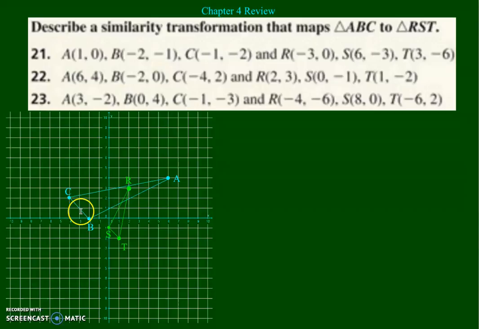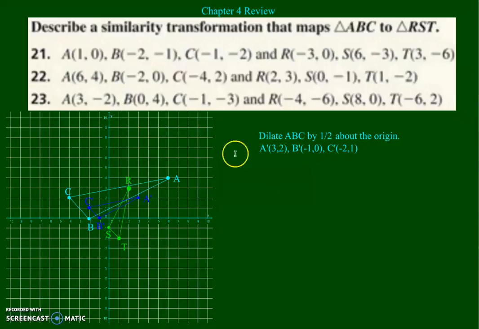So there is a dilation of 1/2, a reduction at work here. And it also looks like there's some sort of a reflection. So the first thing I did is to just do the dilation of 1/2 about the origin. So if we take a look at what that looks like, here is the dilation of ABC by a scale factor of 1/2 about the origin.